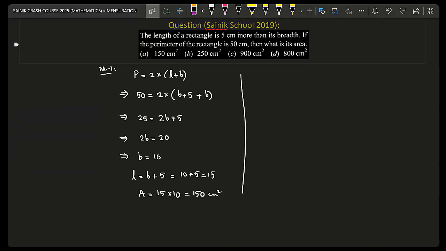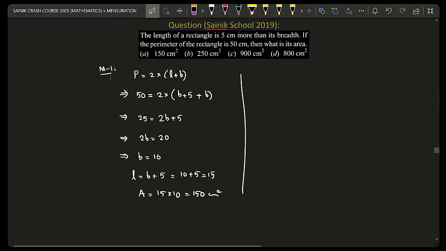And then they said one number is 5 more than the other. Yes. So 2b plus 5 is equal to 25. So then the numbers are 15 and 10. Yes, multiply.